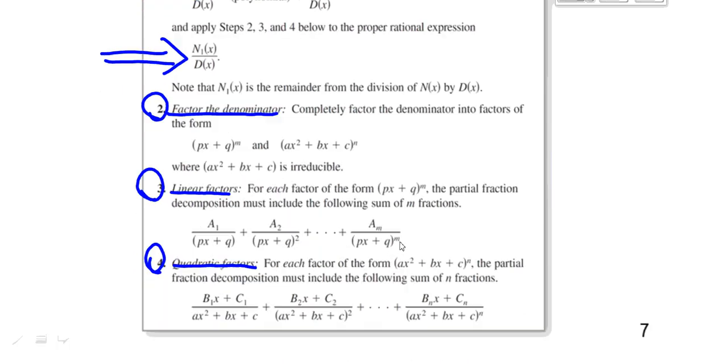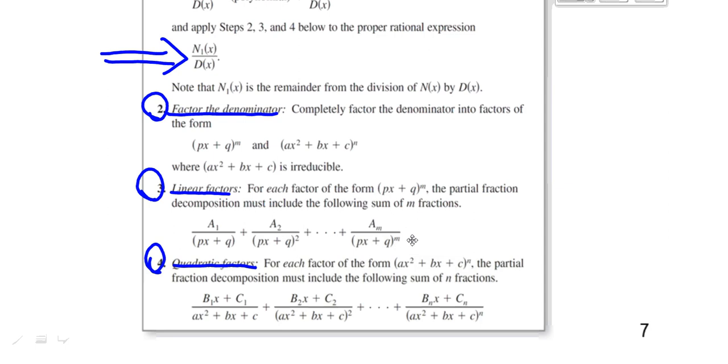Then for each linear factor, you are including the sums. For the linear factor, you have to have it to the first, to the second, up to however high a power it is.